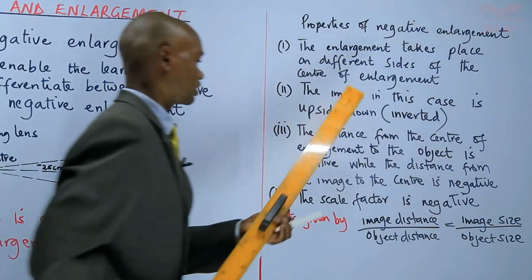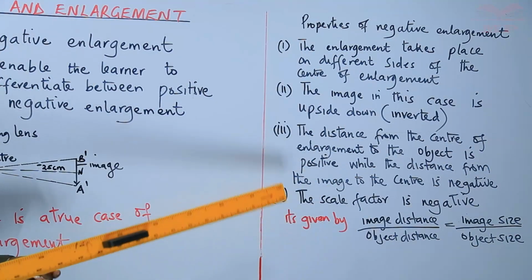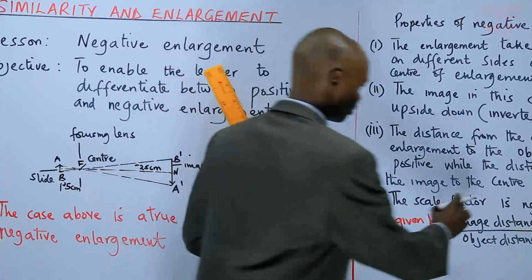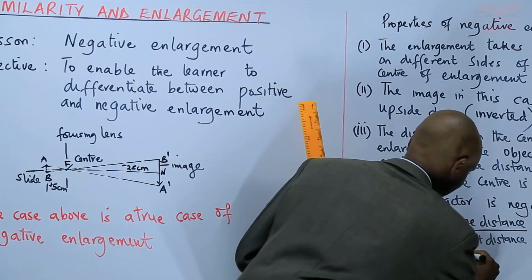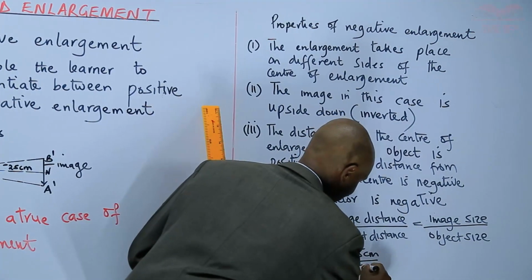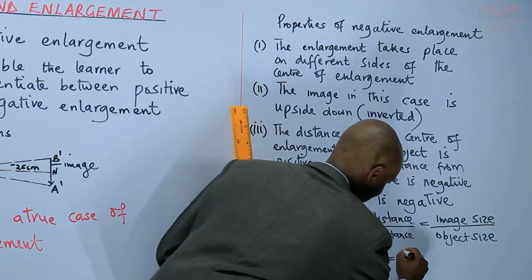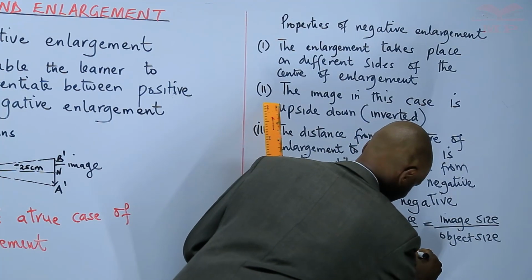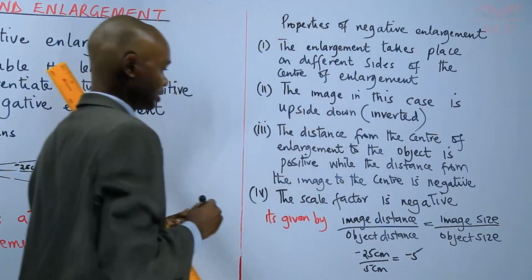So in our case, is there any one of them given? Yes, it is the image distance. So for this one it is given: negative 25 centimeters over 5 centimeters. So the linear scale factor is negative 5.